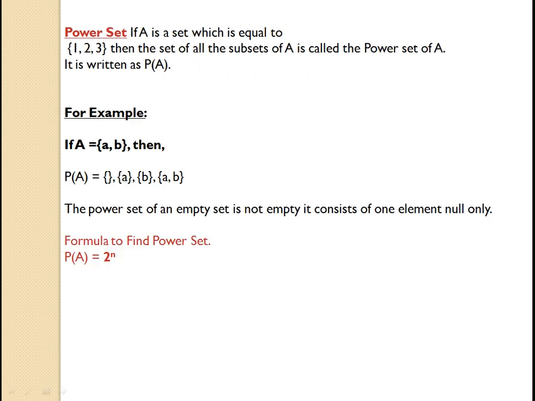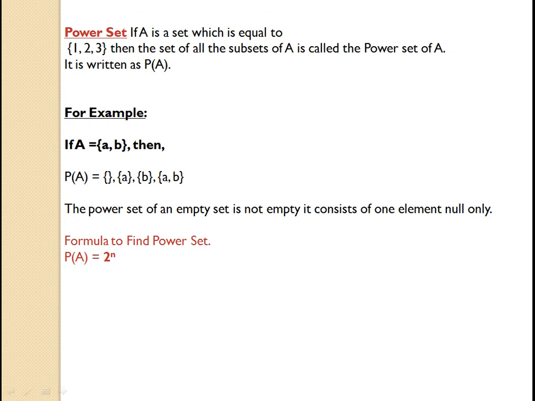Okay. Now we have the power set. If A = {1, 2, 3}, then the set of all the subsets of A is called the power set of A. It can be written as P(A). For example, if A = {a, b}, how can we count the power set?